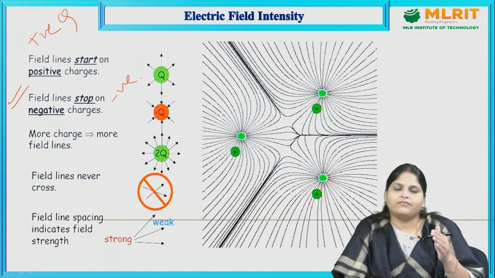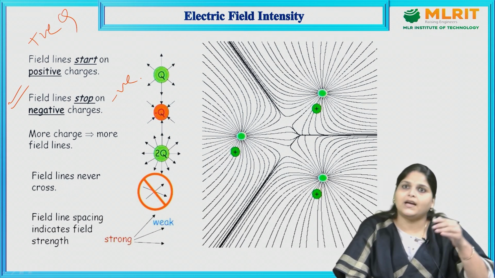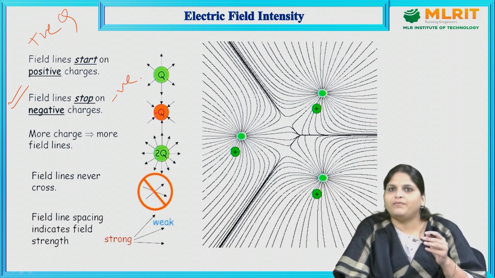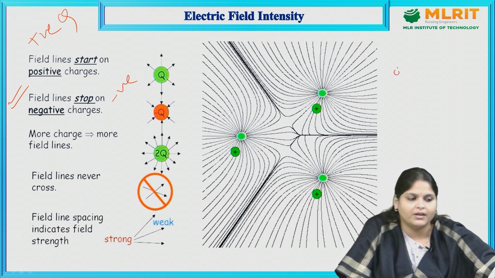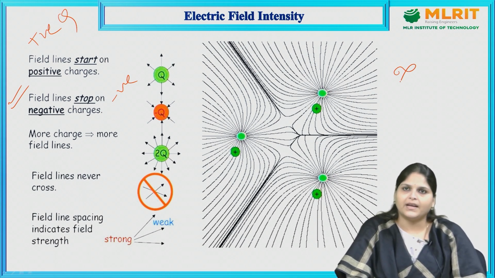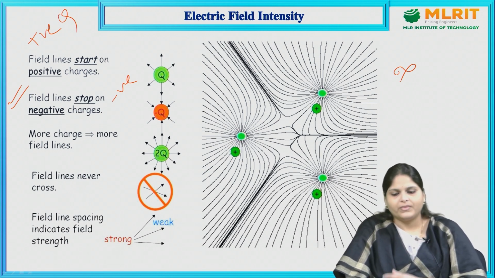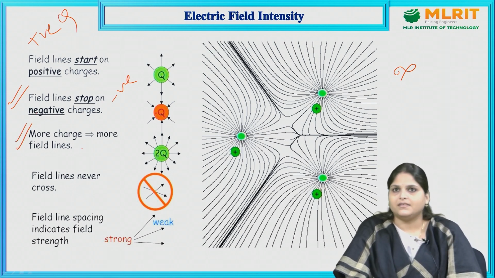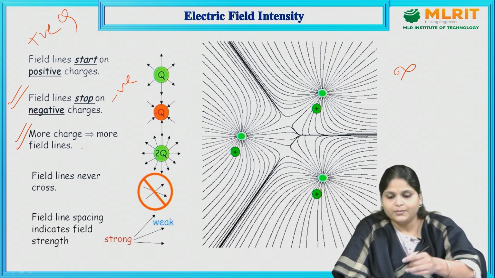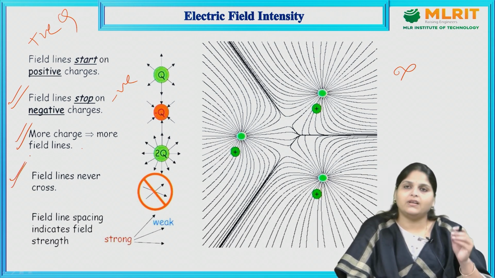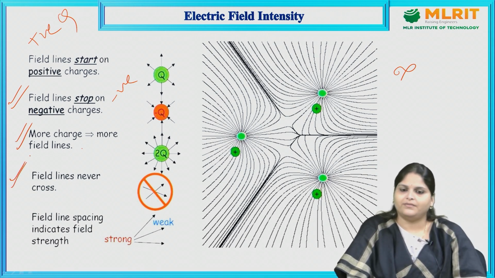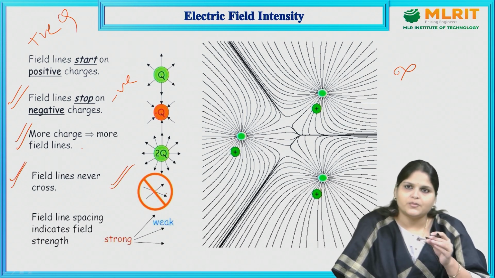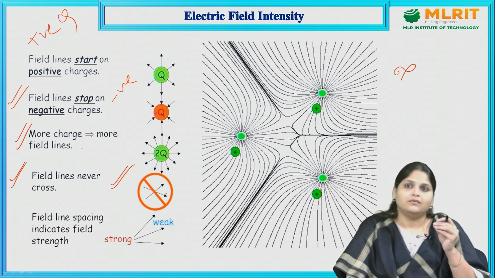If negative charge is not found, they will terminate on infinity, right? Also, more number of charges, more field lines, right? Another property is the field lines will never cross each other, right?